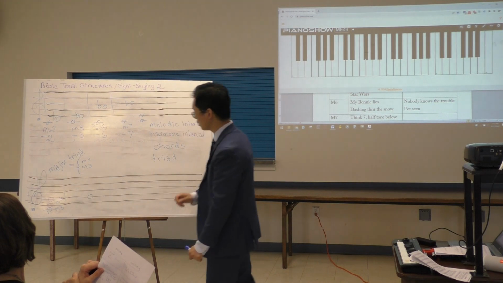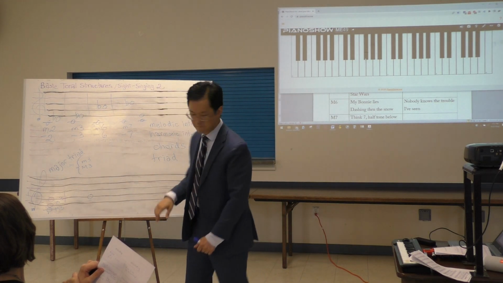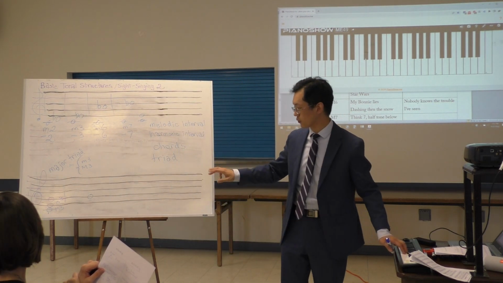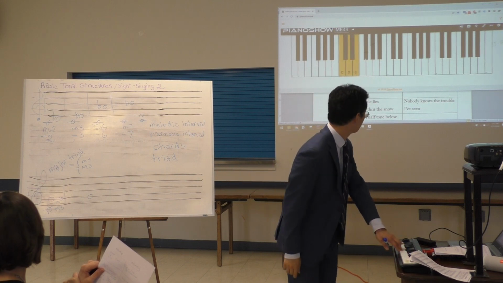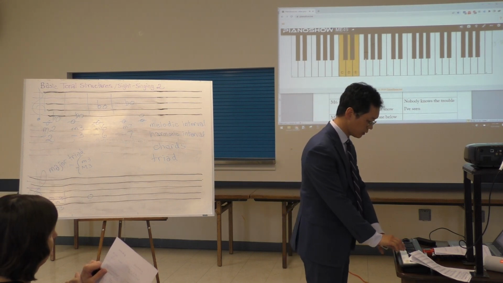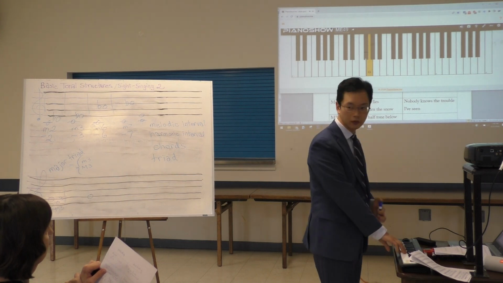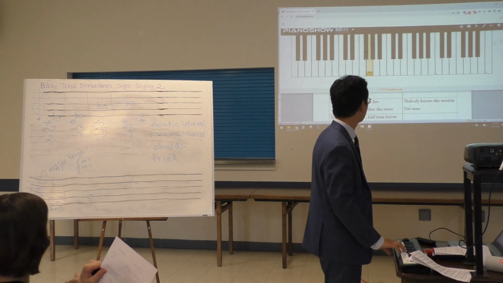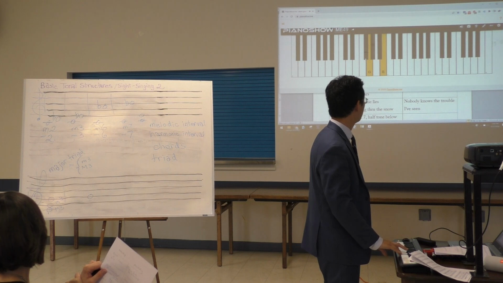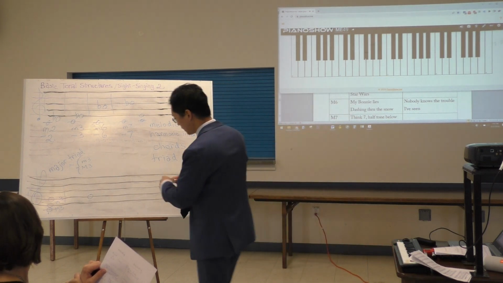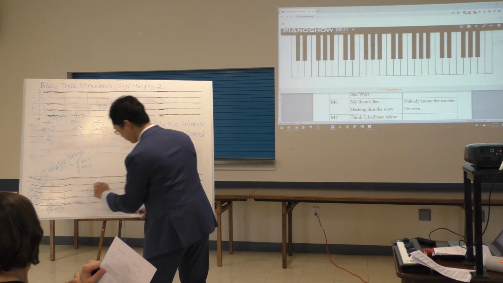Okay? So we said a major third is how many whole steps? 2. Okay, so what is 2 whole steps above G? Look at the keyboard. Okay, so there's your major third above.